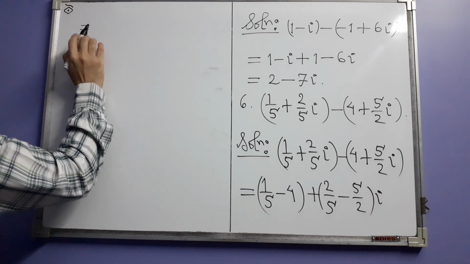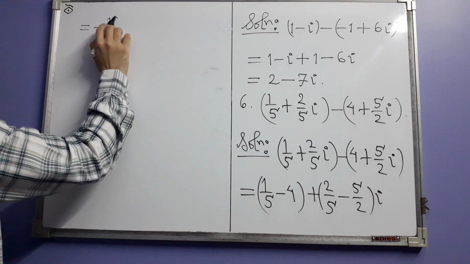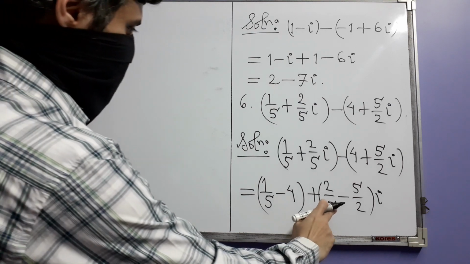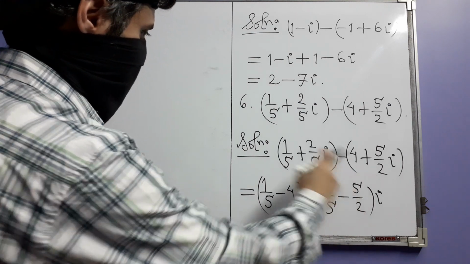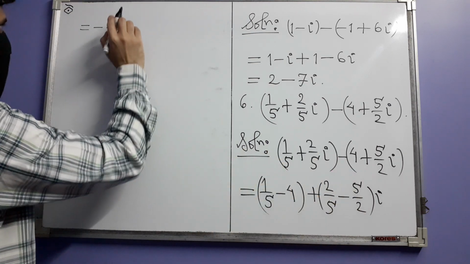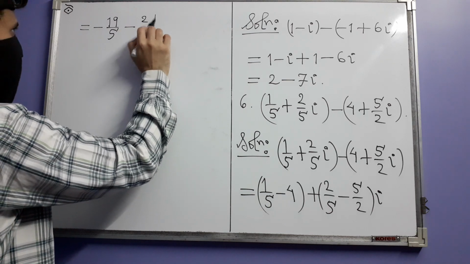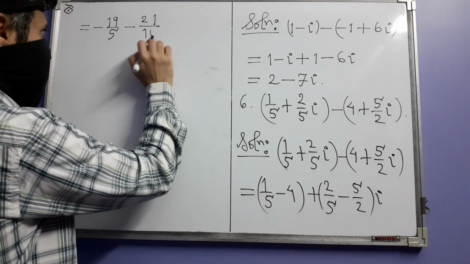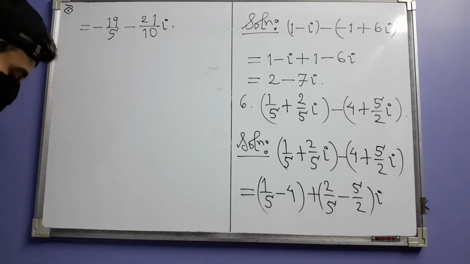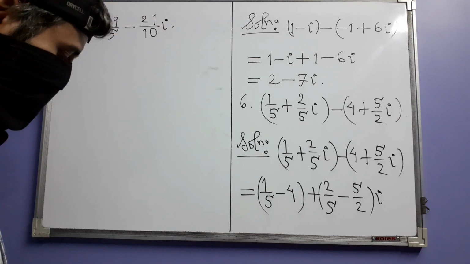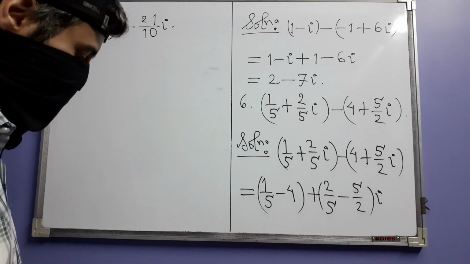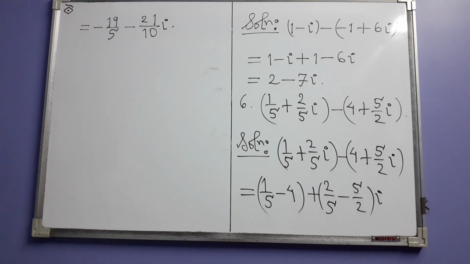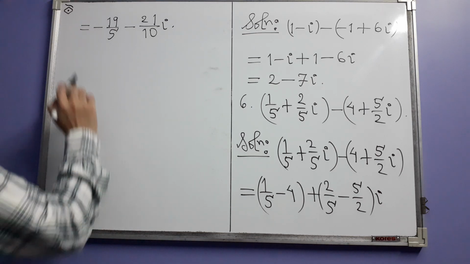So minus 19 over 5. And what about this, 4 minus 25? That means minus 21 divided by 10 i. But let me check also because I keep making mistakes. Minus 19 over 5 minus 20, yes, this is the answer.